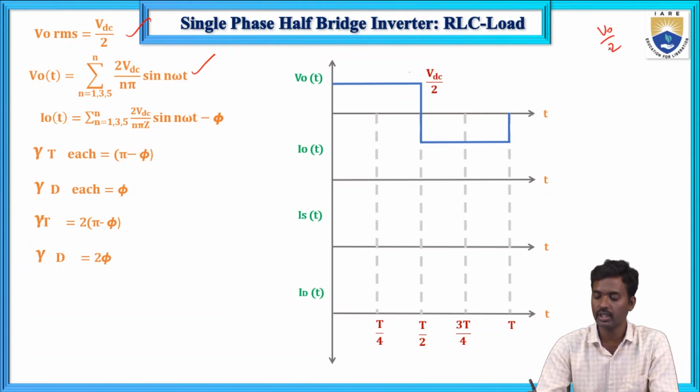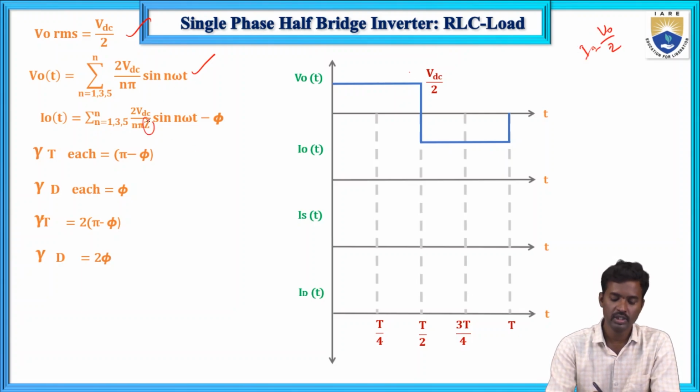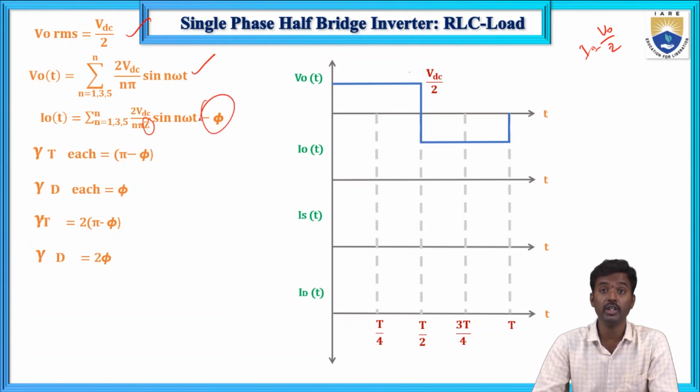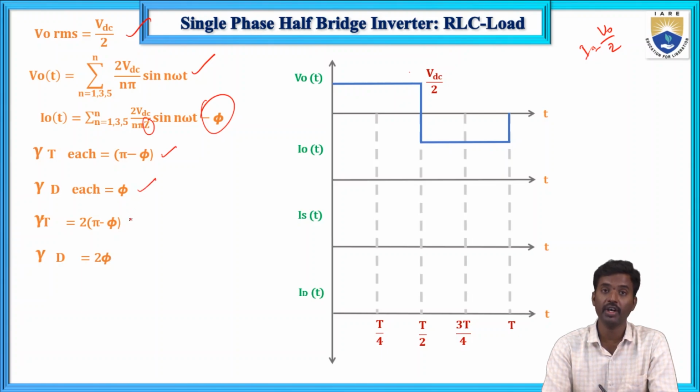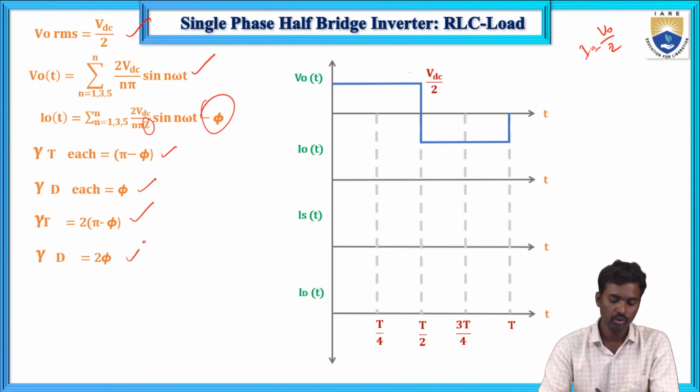I0 equals V0 by Z, with phi as the angle. If it is a leading load, XC is greater than XL, so that is plus. Conduction time for each thyristor is pi minus phi, for each diode is phi. Conduction time for total thyristor is 2 into pi minus phi, and for total diode is 2 phi.